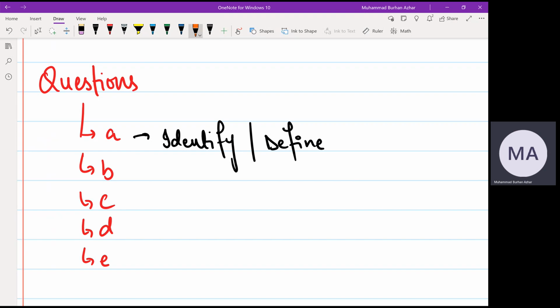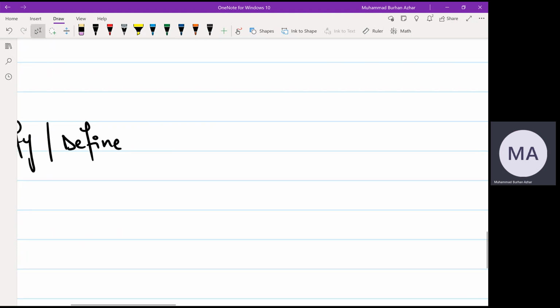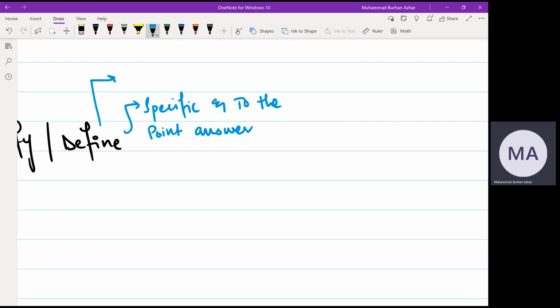वो कोई term define करने को कह सकता है. For example कि define on the job training या define off the job training. So जो identify का question is, तो you should be able to give a specific and to the point answer. इधर उधर की बात नहीं करनी. Definition है तो definition के अंदर give 2 points, 2 knowledge points, क्योंकि इसके अंदर 2 knowledge के marks होते हैं.